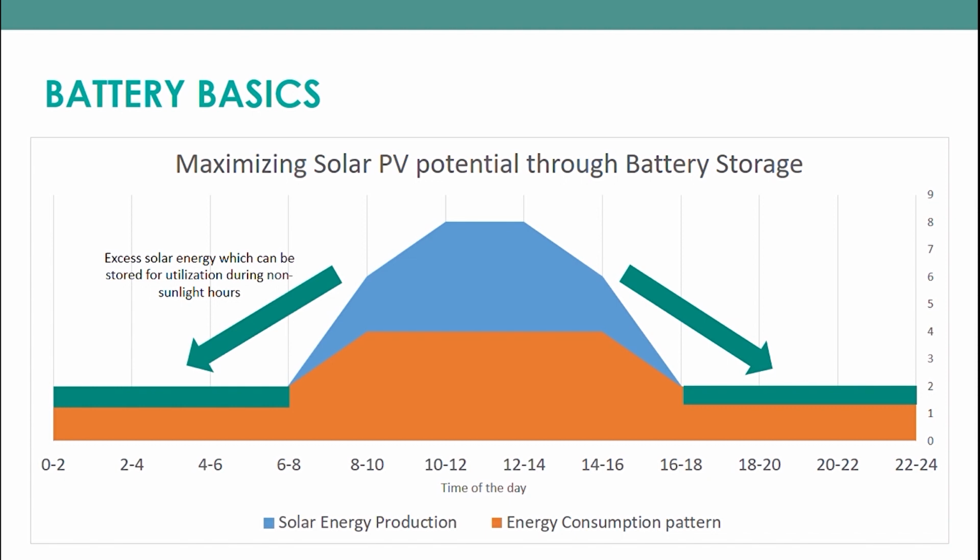So during the peak hours between 8 a.m. to 5 p.m., if the solar energy is more than what the building can consume, this energy can be used and stored in a battery storage system, which can then be later consumed in non-solar hours. So this helps the establishment in further reducing its bill from the electricity distribution company.